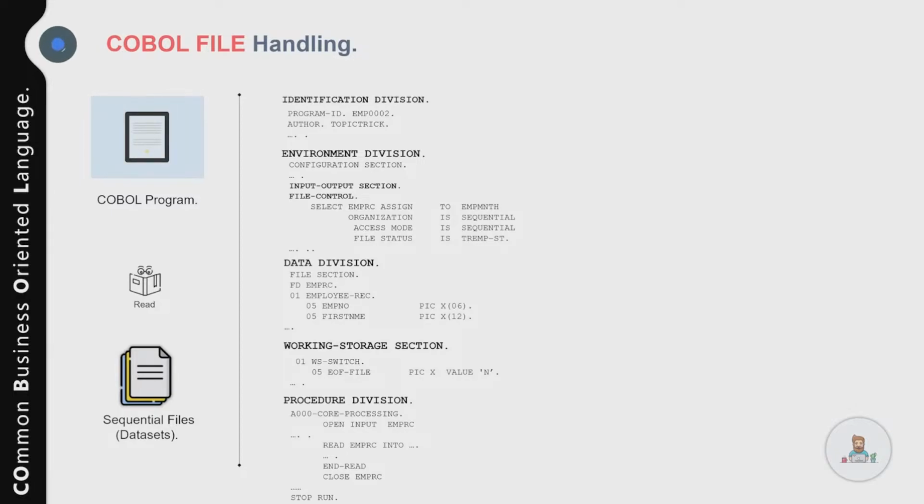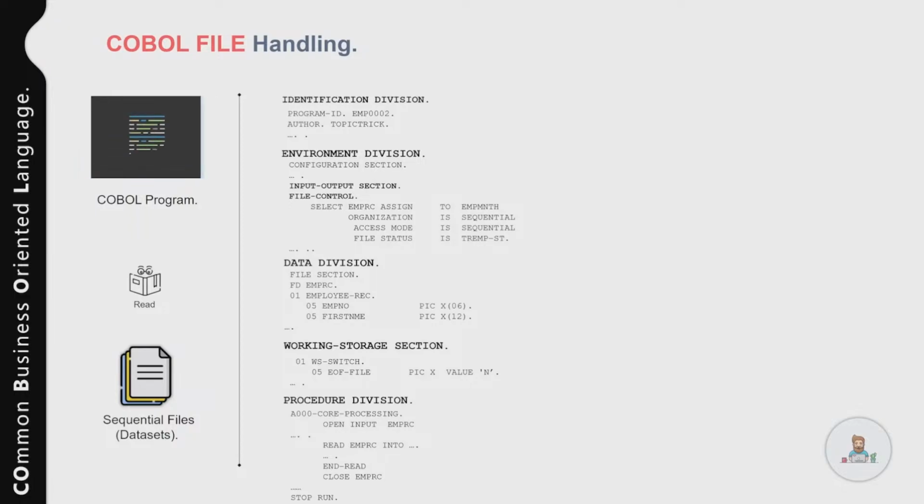In the structure of the program, you'll notice that the file details, that means the file that you want to read in your program, is specified in the file control section, which is a part of the environment division. In the file control section, you specify the name of the file that you will be using within your COBOL program. Apart from that, you specify the corresponding DD name that will be used in the JCL.